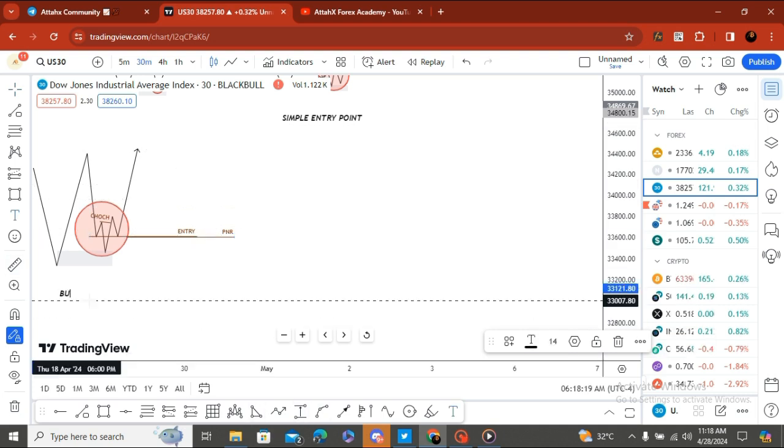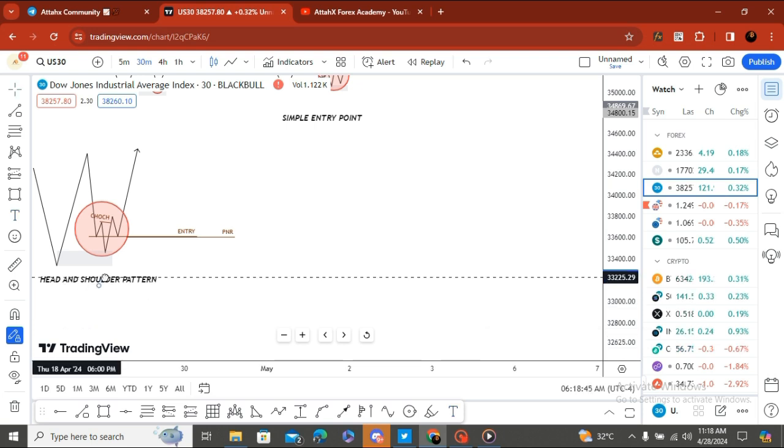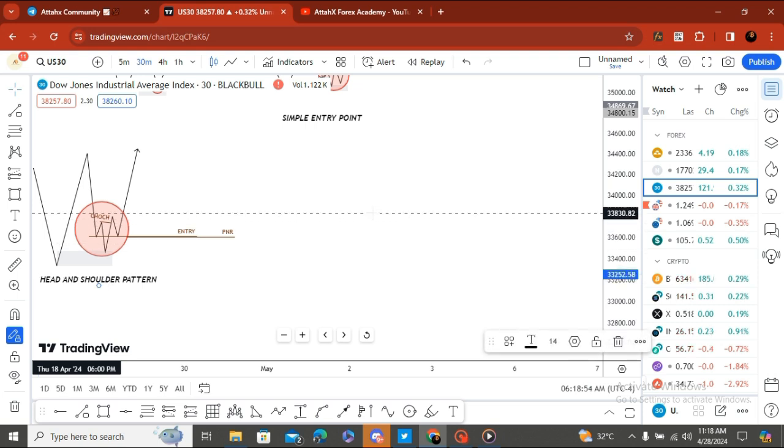It's also the same with a bearish scenario. But then this is the head and shoulder pattern. How do I spot them? How to set your entry, and also where to actually set your stop loss, and also how to use this simple entry point pattern to validate your bias or to validate your trade projection, right?